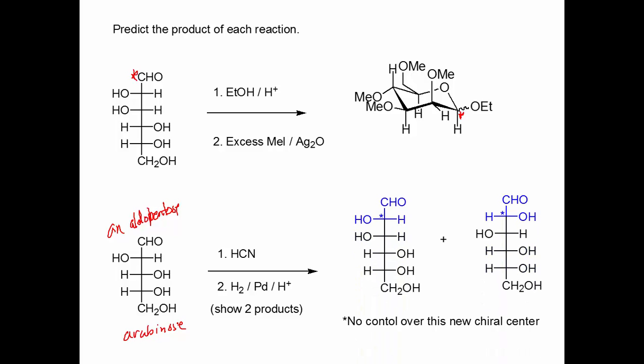All right, so what we're going to find here is that we produce two new carbohydrate systems. We produce glucose and mannose on the left. The new carbohydrate, their new stereocenter that I've put an asterisk at, we have no control, so we're producing both.